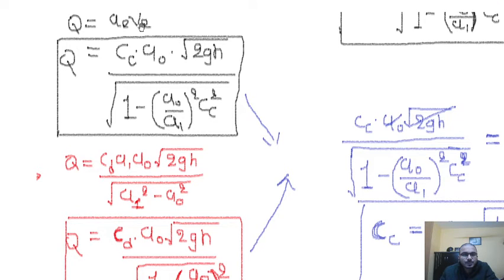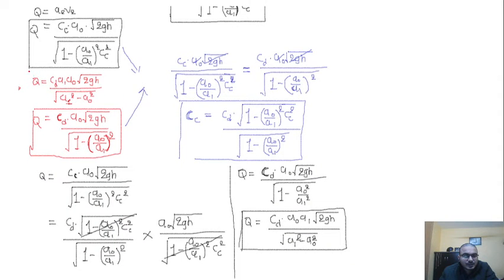Based on that we have obtained the value of Q. Now you need to be very careful here regarding this equation. That is Q is equal to Cd A1 A0 square root of 2gh divided by square root of A1 square minus A0 square.